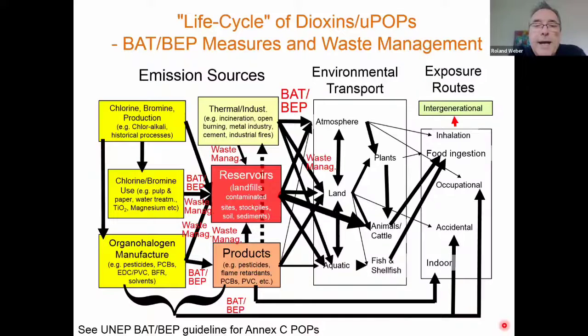Second last slide. I introduced the life cycle of dioxins, the emission to the environment, and contamination of the environment. What you see here is the solution and part of the action plan you need. This is very much waste management from the different sources, waste management from industries, and implementation of best available technology and best environmental practice, which for sure is difficult for Palestine, but at least best environmental practice.